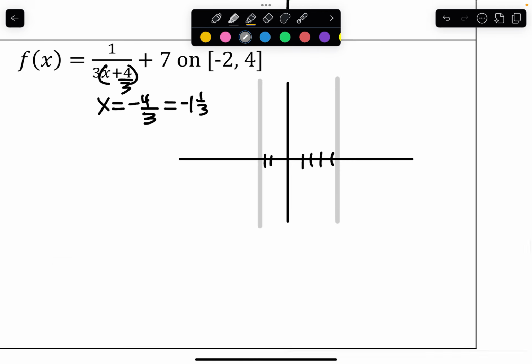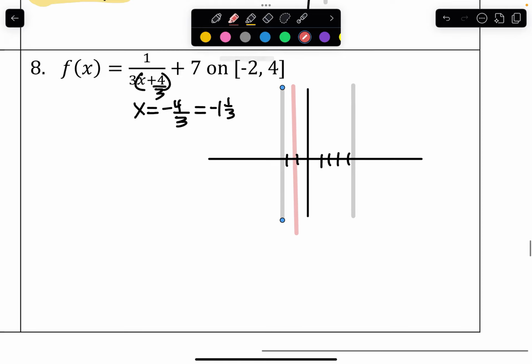So our vertical asymptote is just past the -1, -1 1/3. So this time our vertical asymptote does fall on the interval.